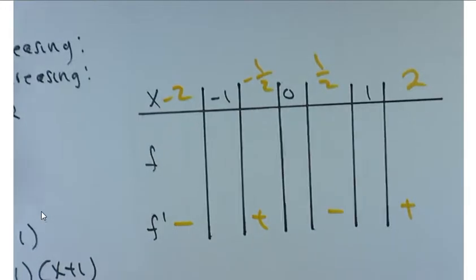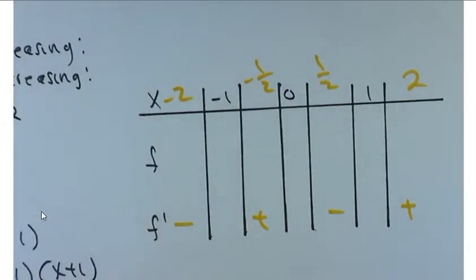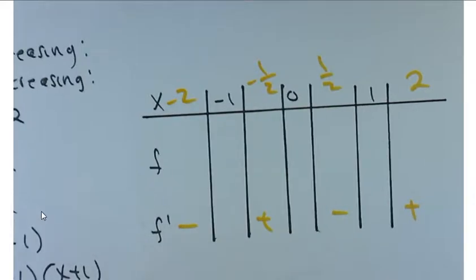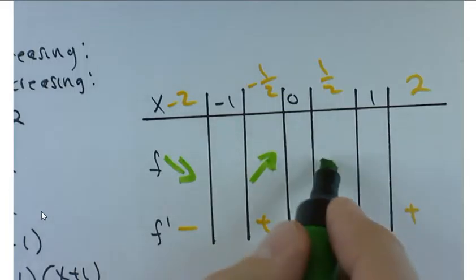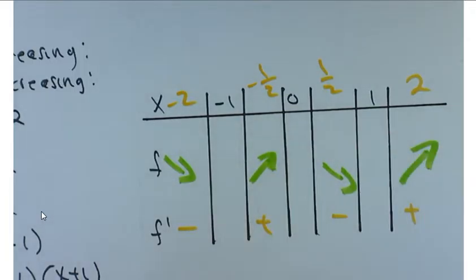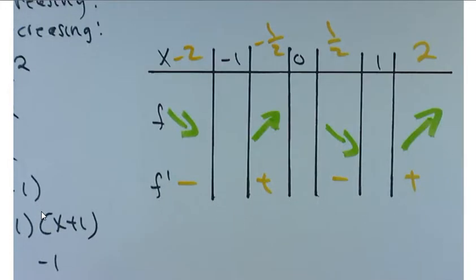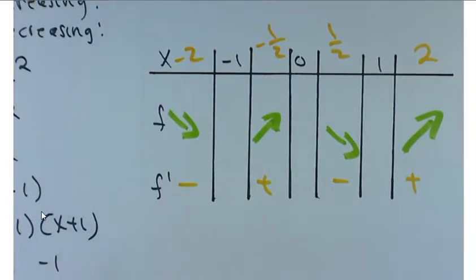So in this case, they alternate. They don't always have to. If they do, great. If they don't, that's fine too. But what's that telling me? If the derivative is negative, what's that saying about the function? It's decreasing, right? So the function's decreasing here, then increasing, then decreasing, then increasing. Yay. So, wow, that's great.